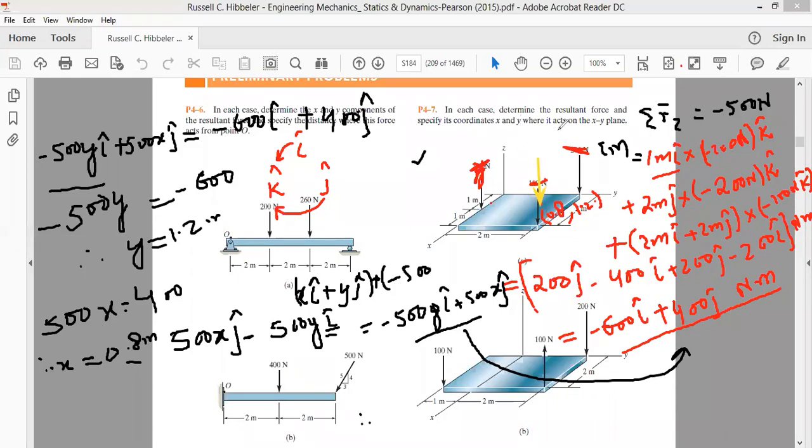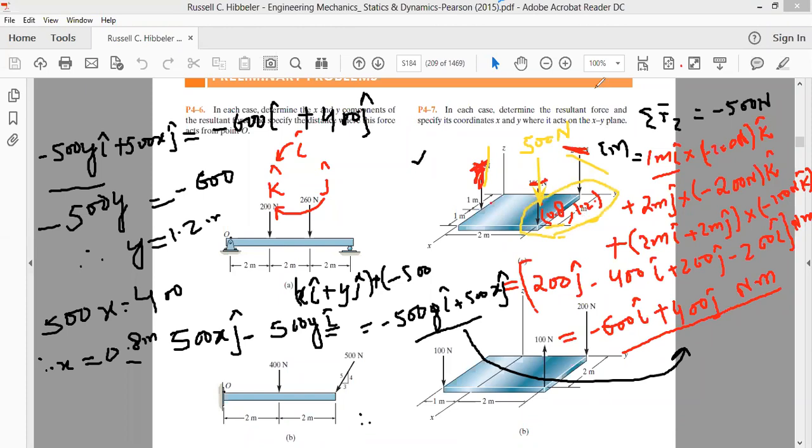This force of 500 Newton acting at the position 0.8 comma 1.2 meter will have the same effect as these forces individually. So we can replace all these forces not by a single force and a single moment, but by a single force acting at position 0.8 comma 1.2. This is called the further simplification of force system resultants.